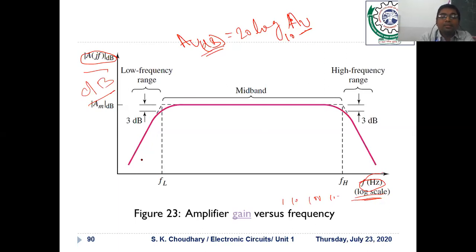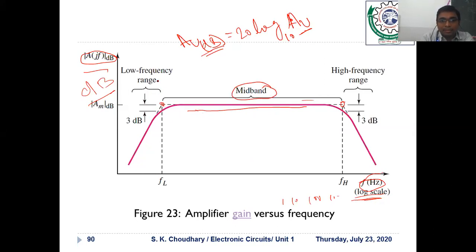So you have to see here, I have divided the whole graph into three regions of frequency. From this point to this point, there is a flat curve, parallel to the x-axis. This is called the mid band gain.